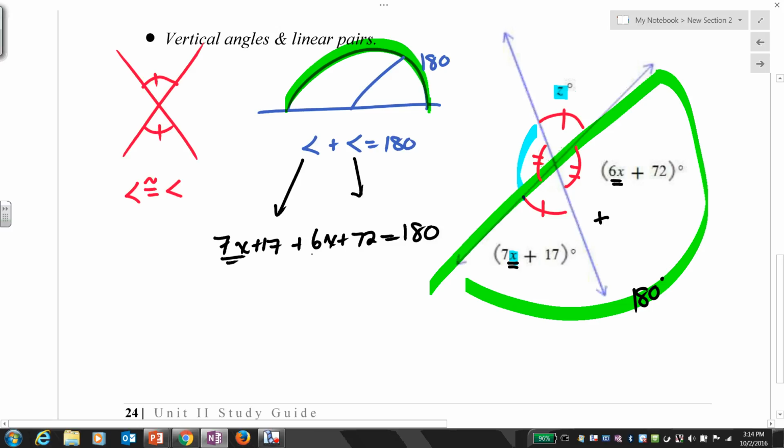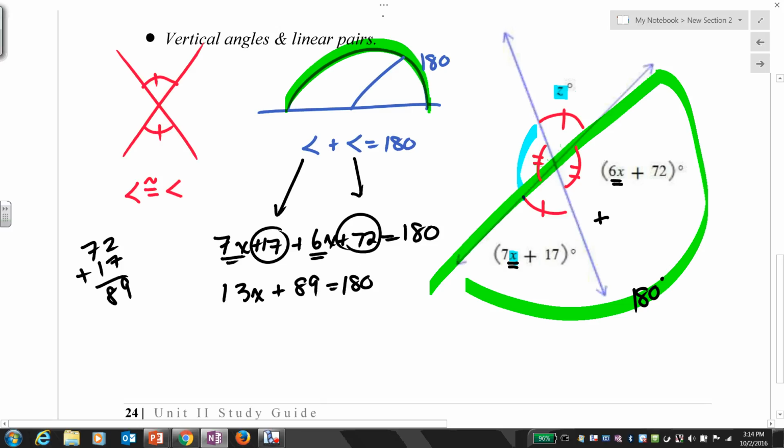You collect like terms. 72 plus 17. We're going to solve for x. 91.